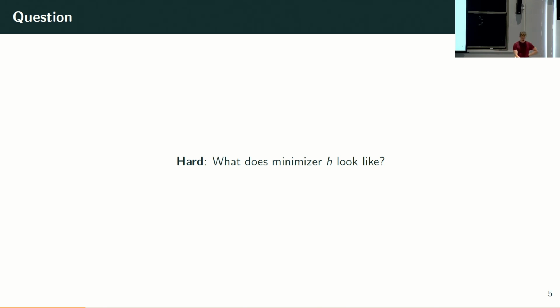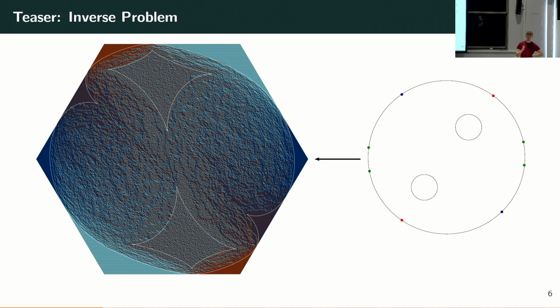Still, it turns out it's hard to say what the actual minimizer looks like. The point of our work is actually an inverse type problem. We do not start with doubly periodic weights. What we start with is a Riemann surface, which is this picture right here. I'll explain in what sense this is a Riemann surface, but this is the picture of the actual Riemann surface that we work with.